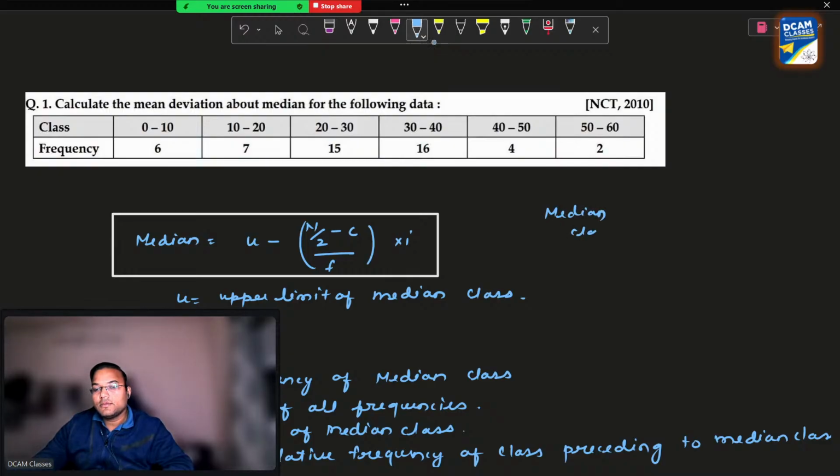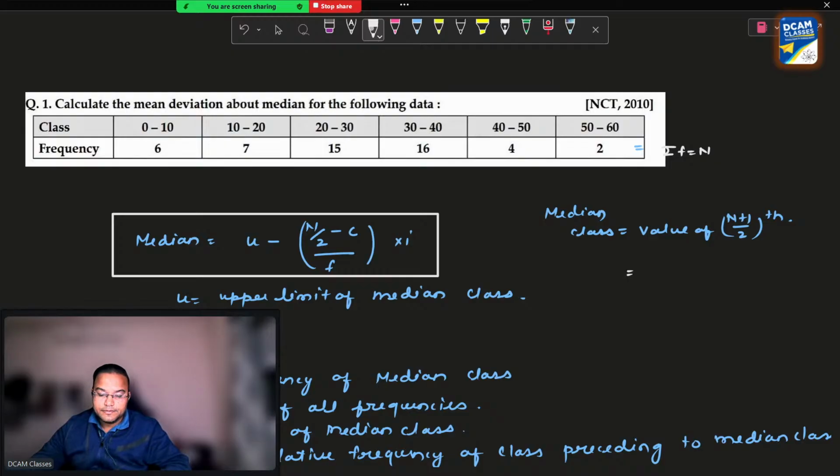For median class, the formula is n plus 1 by 2th observation. Means you add all the frequencies, that becomes n, sigma f becomes n, n plus 1 by 2 if it is odd. And if the observations are even, in that case, median becomes 1 by 2 into n by 2th plus n by 2 plus 1th. This for Kanishka I am giving.